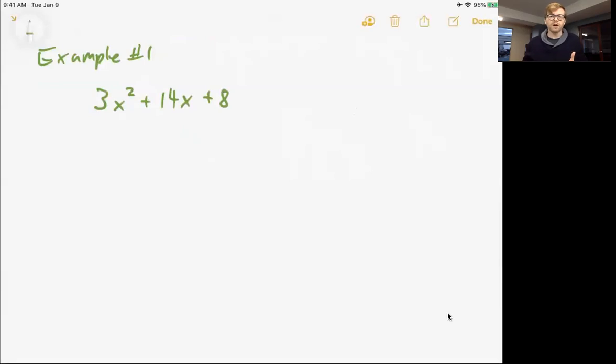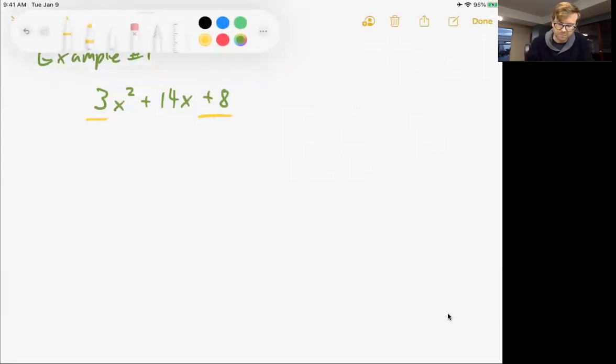Like you can't factor a 3 out of every term or anything like that. And so right from there you should go, okay, it looks like I'm gonna have to do factoring by grouping. So here's the process. You take the leading coefficient and the constant at the end and you multiply them together. So that's gonna be 24.